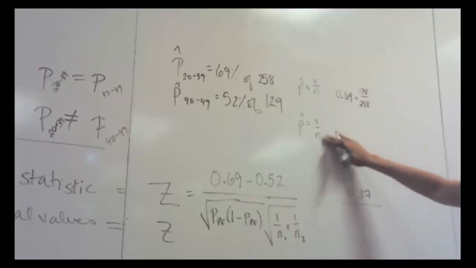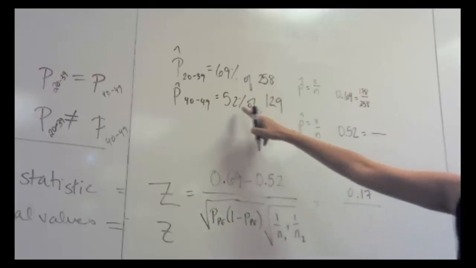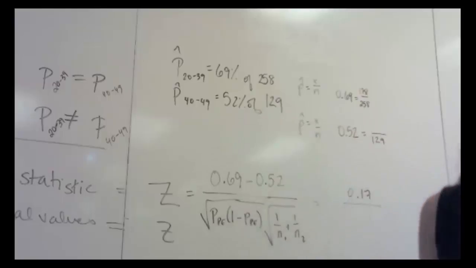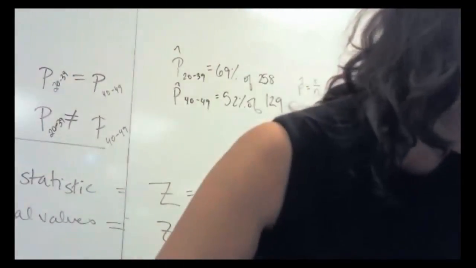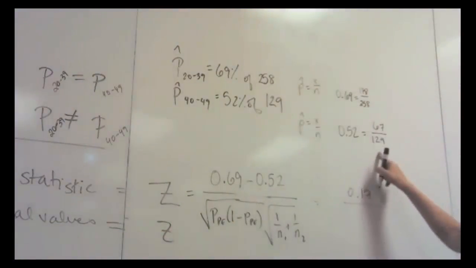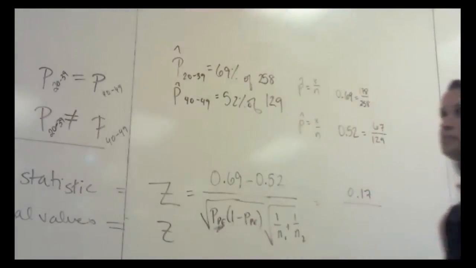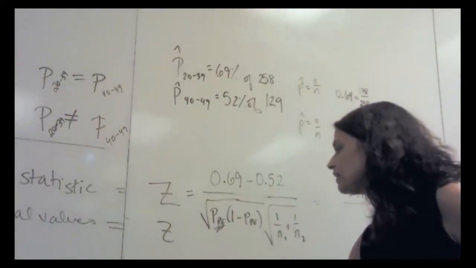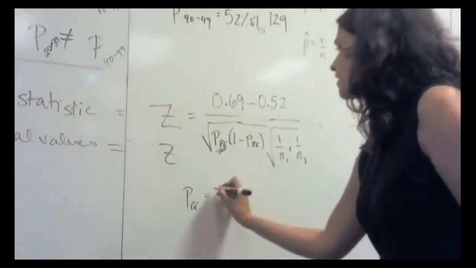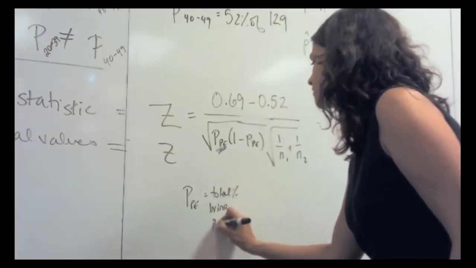I do the same thing here. This is 0.52, 52% of 129. Multiplying these two, I get 67 out of the 129 people. And my pooled estimate, PPE, is basically the total percent that bring their phones to bed.